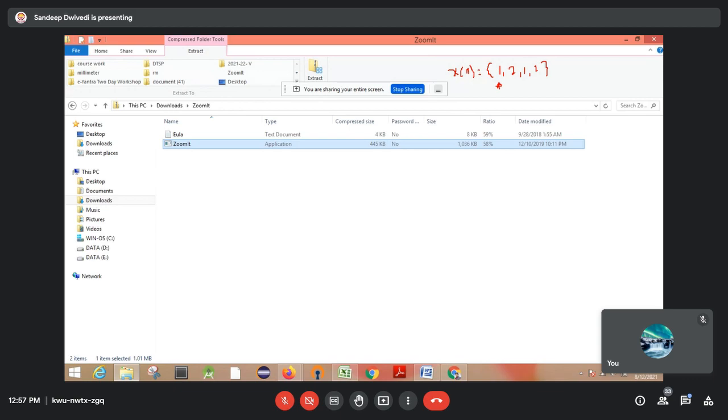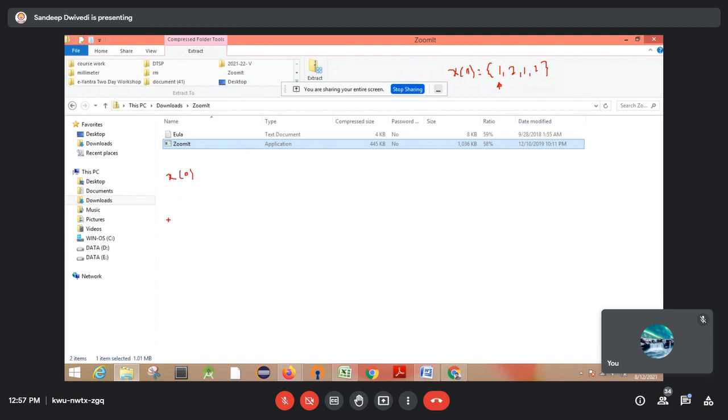Now for the 4-point DFT, for the butterfly diagram, you can mark the input sequence as it is, that is x of 0.